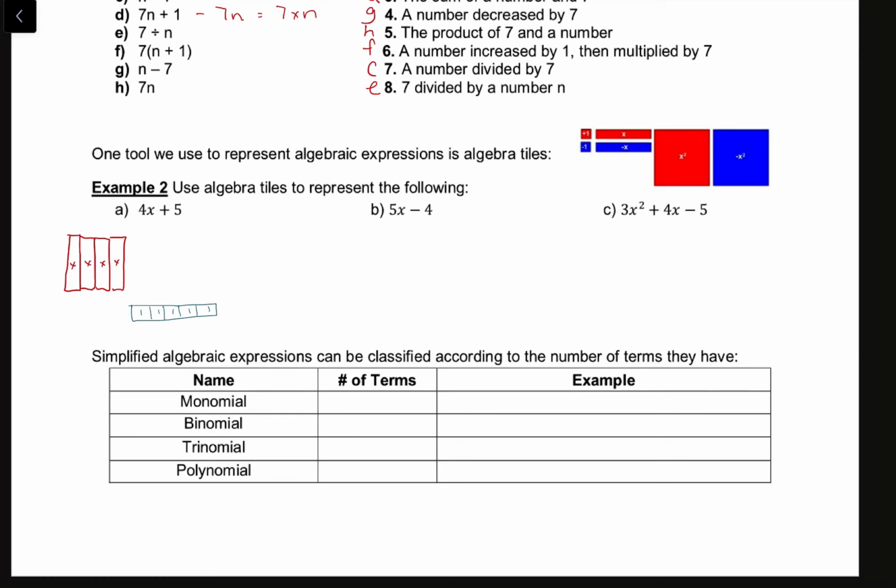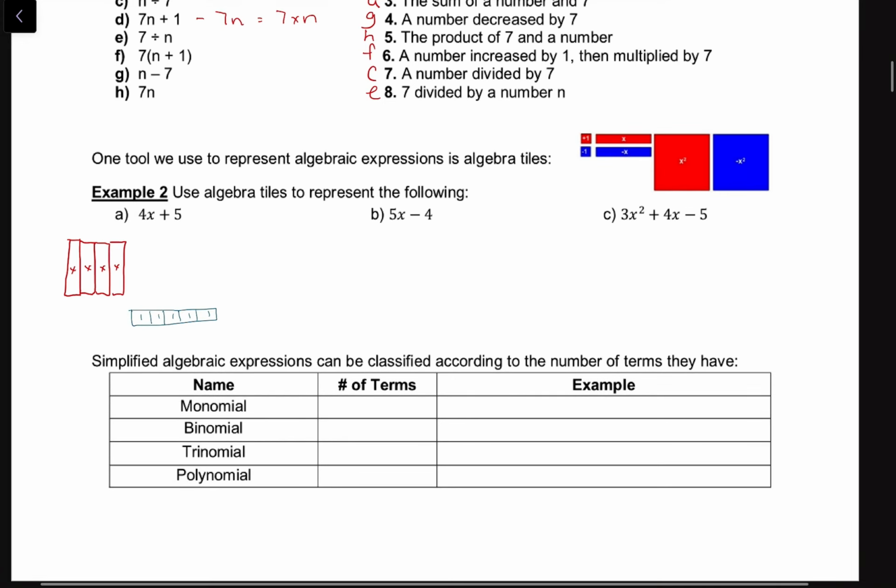Alrighty, so same sort of thing as A. For B, you would just have 5 of our x ones. So I'm just, oops, wrong color. You can draw it the same way that I just did, or you can just do a long one and then break it up by 5s, but each of them has to have an x inside of it, and then the 4 has to be 4 smaller ones.